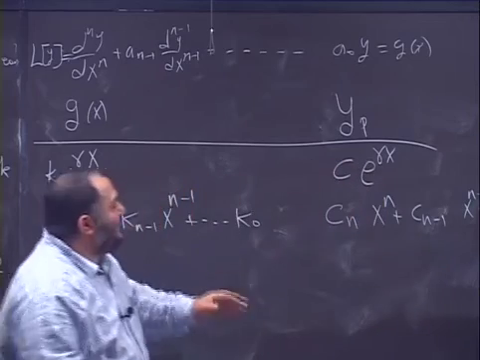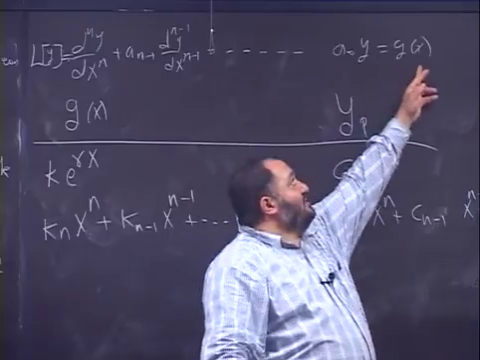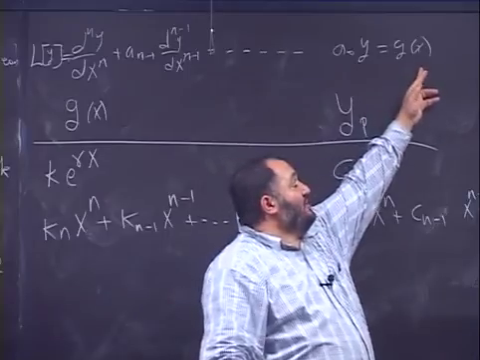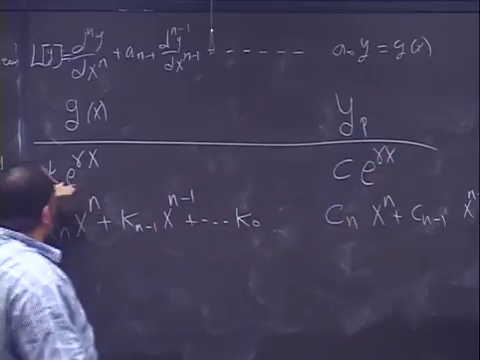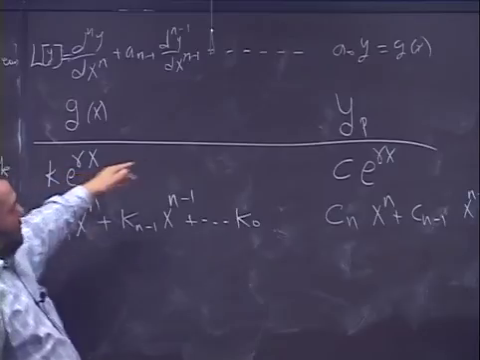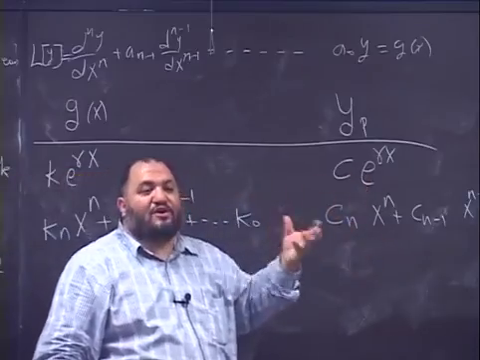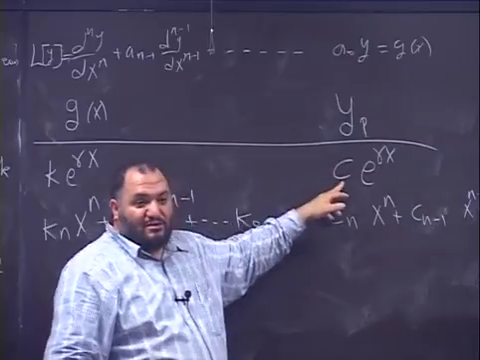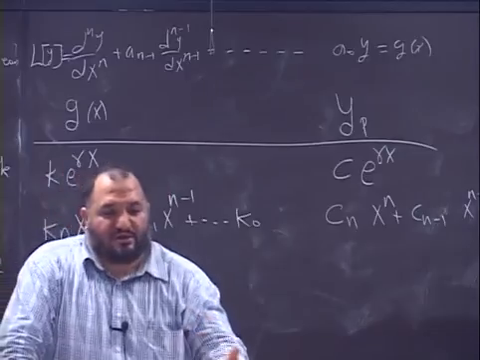So we will pretty much look at the g of x, which is the inhomogeneity part, and look for the form of g of x. If our form of g of x is k e to the power of gamma x, we will look for a solution in the same functional form, with different what? Coefficient.